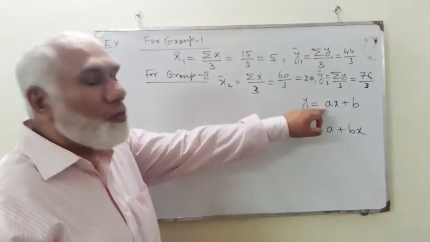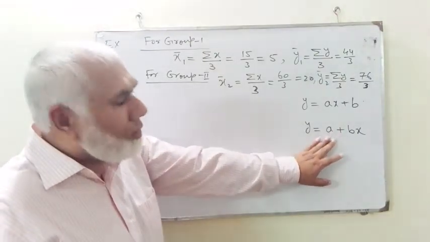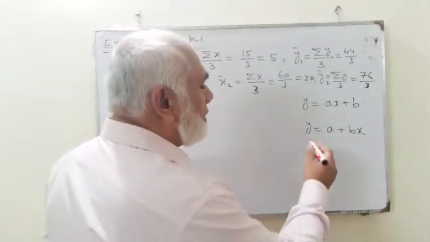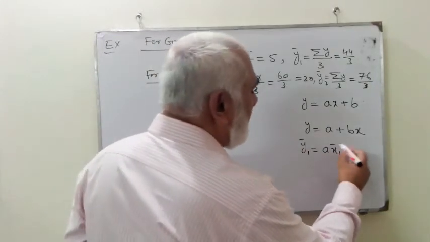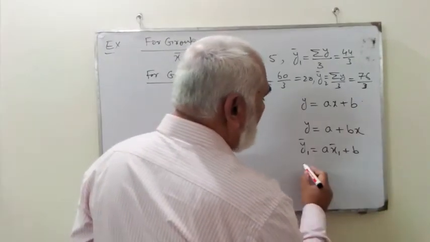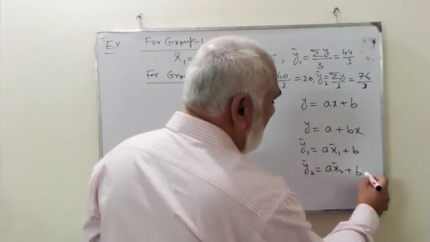So you can see there is a slight difference between these two equations. We developed the equations for that form, and those were y1 bar equals ax1 bar plus b, similarly y2 bar equals ax2 bar plus b.